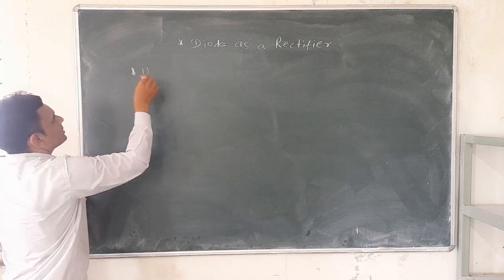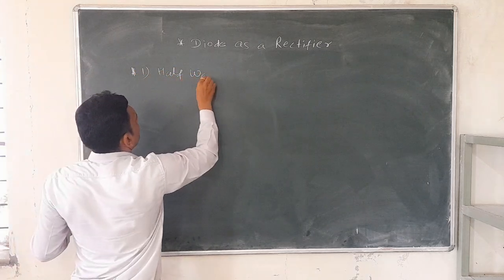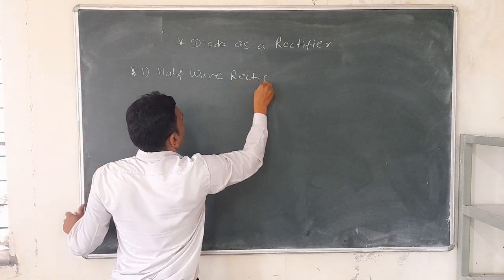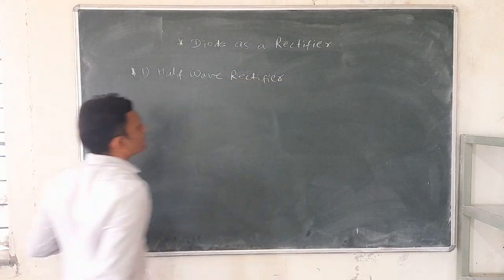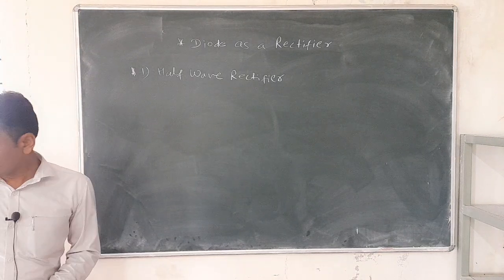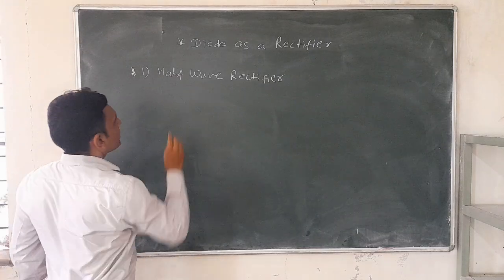So the first rectifier is the half wave rectifier circuit. Initially, consider the circuit of this half wave rectifier.